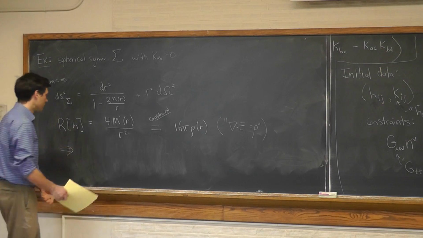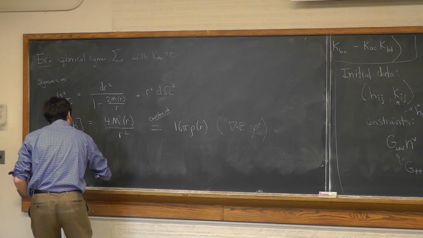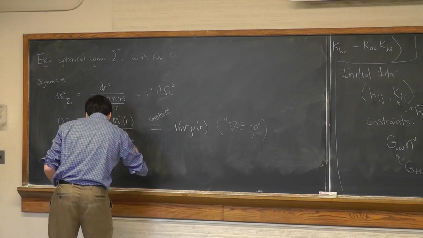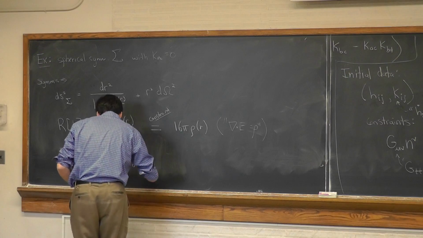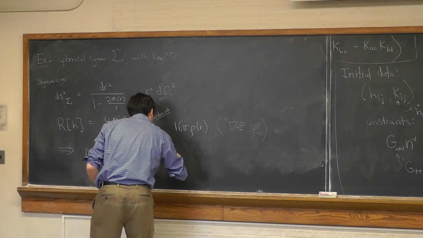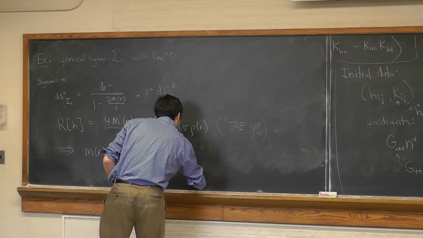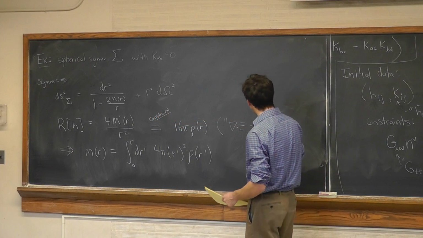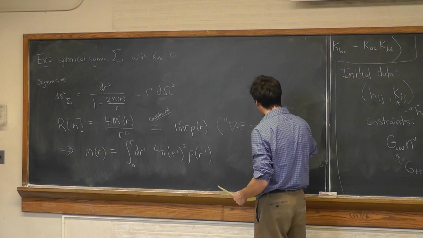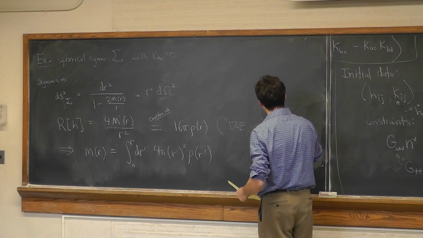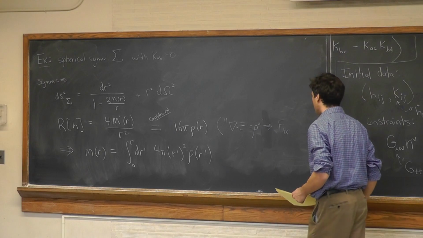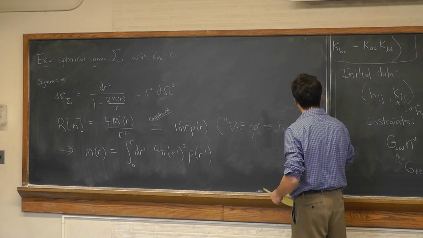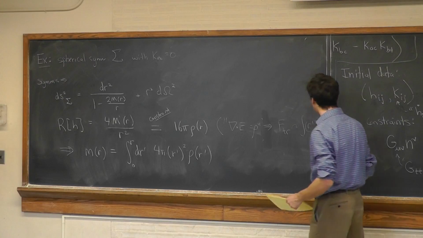So the integral form of this is M of R is equal to the integral from 0 to R, dr prime 4 pi r prime squared rho of r prime. Just like how Gauss's law would tell you that the E component of the field strength is some integral of r prime squared, that's the charge density.